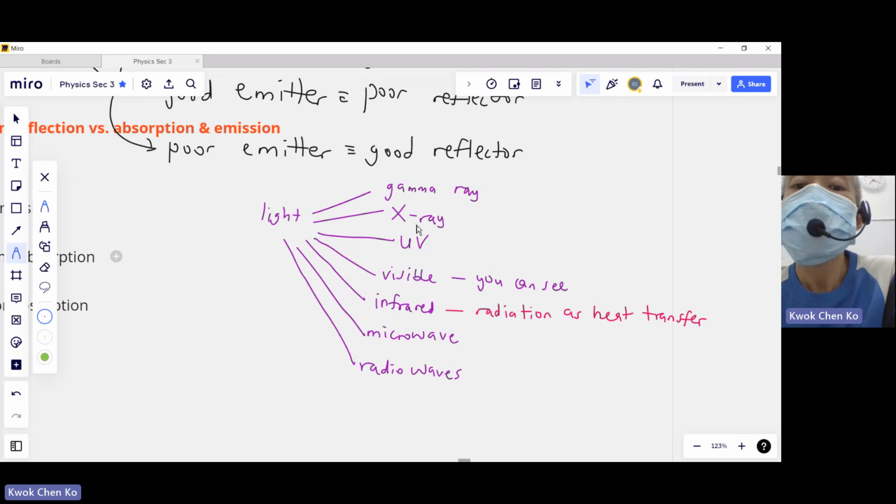You have to use, let's say, photographic film to detect X-ray. Sooner or later, you have to remember them in this order, as well as their uses.